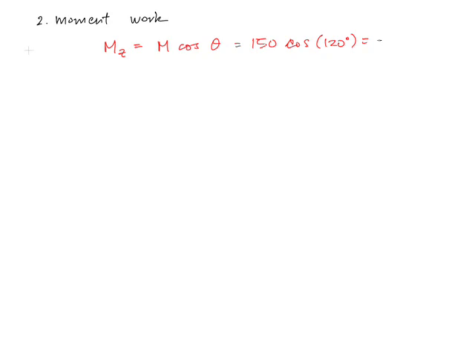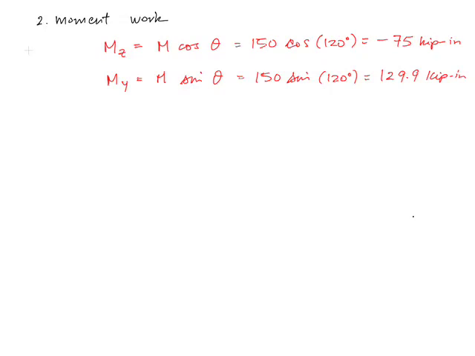That just turns out to be minus 75 kip inches. My is equal to M times the sine of theta. That's 150 kip inches times sine of 120 degrees. This turns out to be 129.9 kip inches.